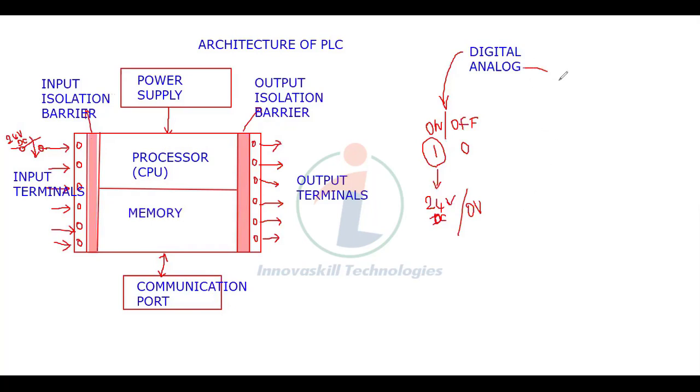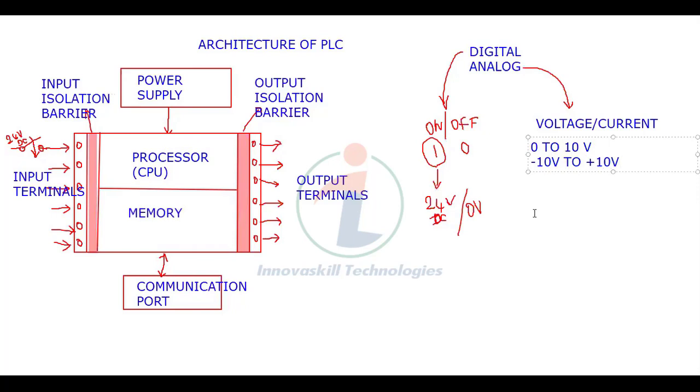Now, in case of analog, it is not just two statuses, it will have a continuous signal. Continuous signal means it will be either in the form of a voltage signal or a current signal. For voltage, we have separate ranges, for example, 0 to 10 volt range, and minus 10 volt to plus 10 volt range.